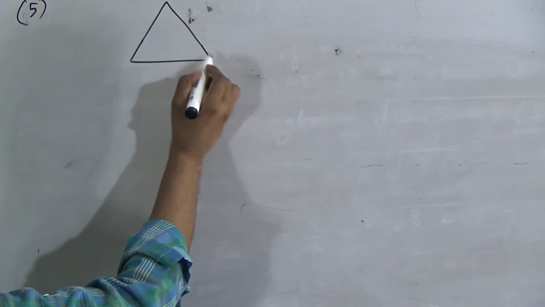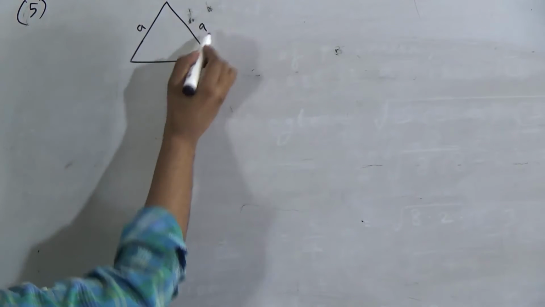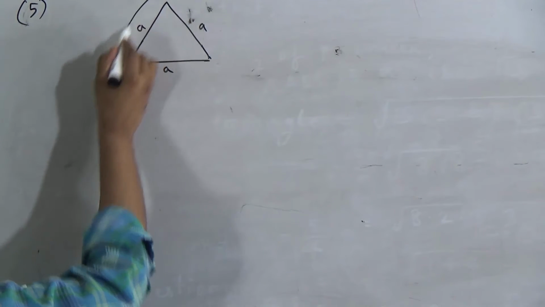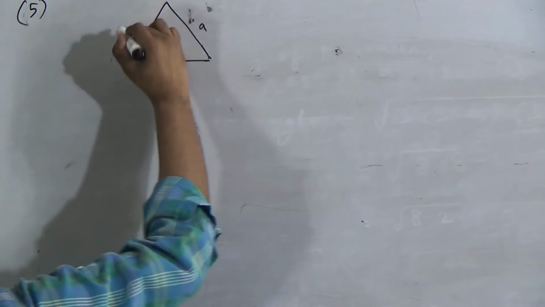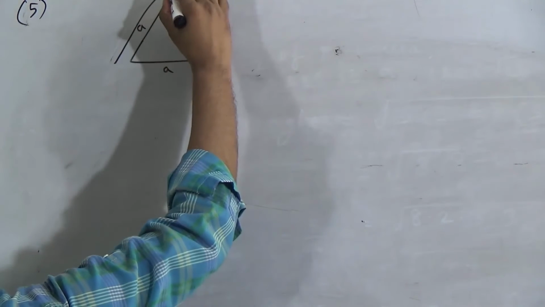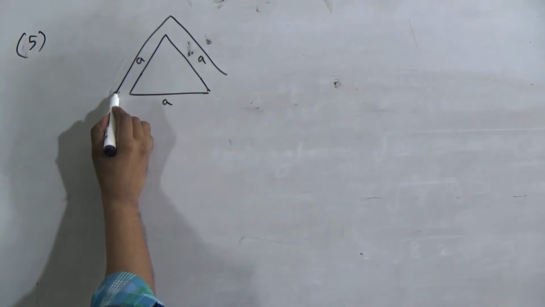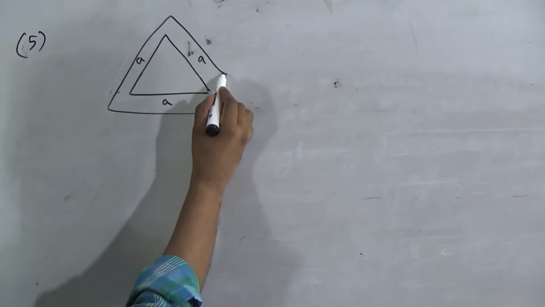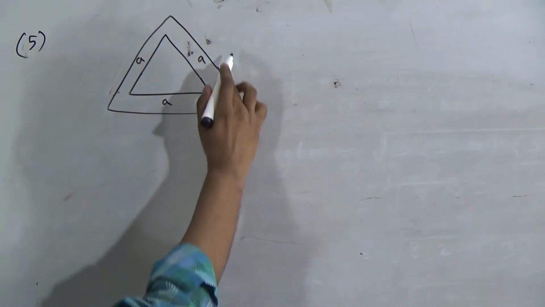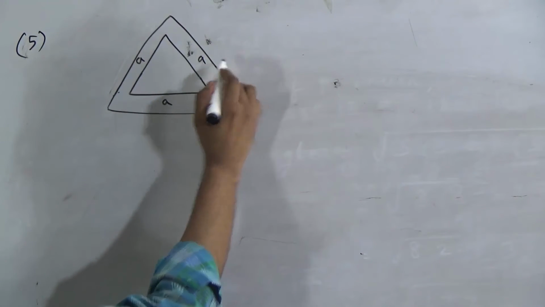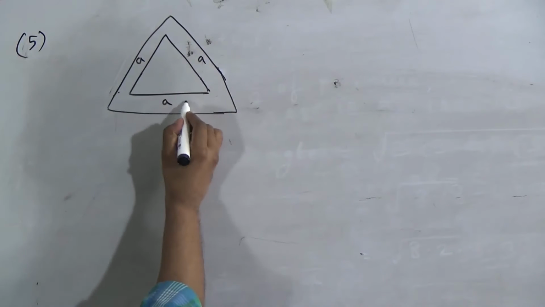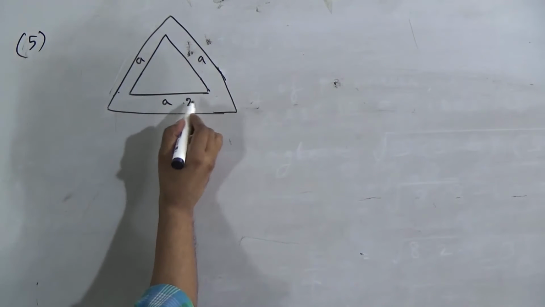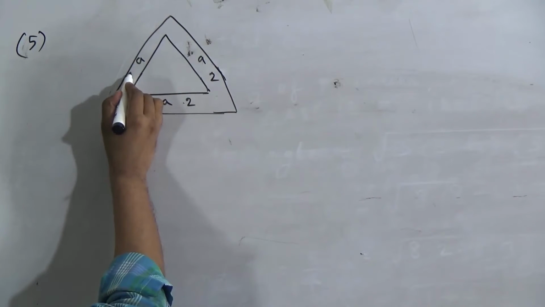This is an equilateral triangle, each side is a, and if we increase all sides by 2 meter, it is 2 meter, it is also 2 meter, and it is also 2 meter.